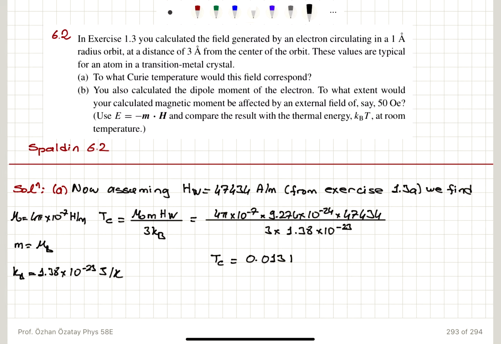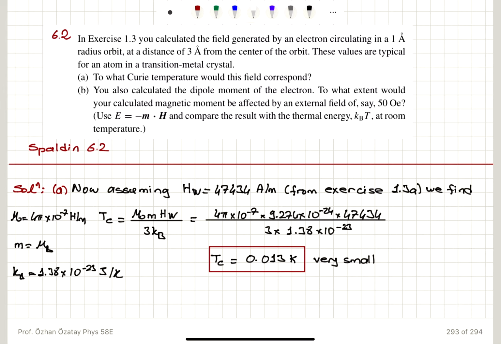So you can see that this is not quite right. We obtain a very small Curie temperature. So the Weiss molecular field is not basically coming from this electron orbiting in a circle, because the field generated by such an electron is very small, and the corresponding Curie temperature would be very small. So basically that's what we learn from this exercise.